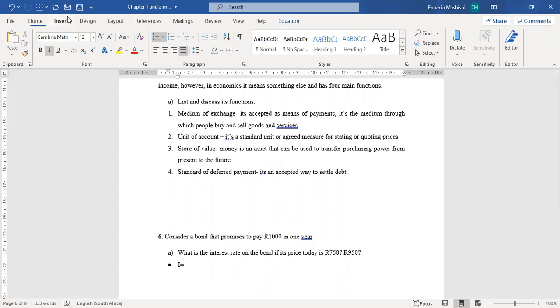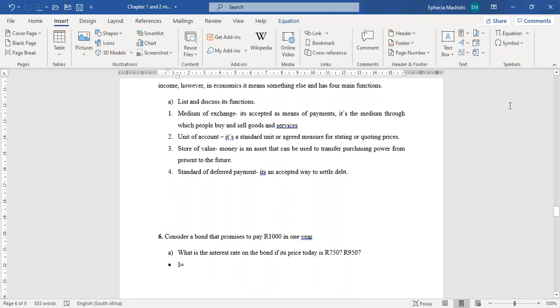So to calculate the interest rate of the bond, we're going to take the face value minus the price of the bond today, divided by the price of the bond today.